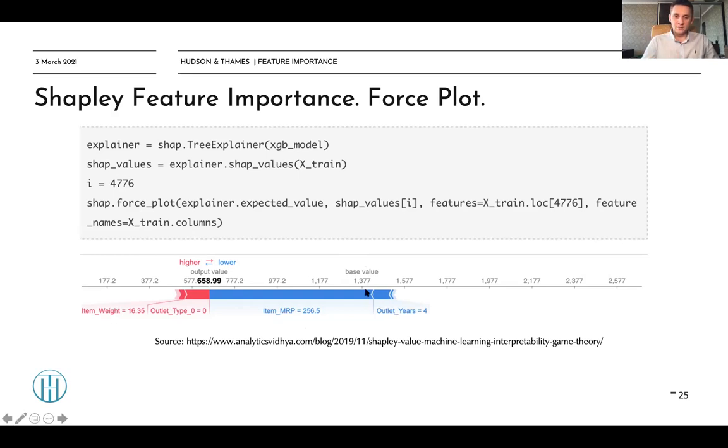It drives the prediction of our algorithm from the mean value of 1,377 to 658 with the biggest scale, right? Outlet years also drive the negative prediction of our algorithm, and only two features, outlet type and item weight, were voting for positive prediction.